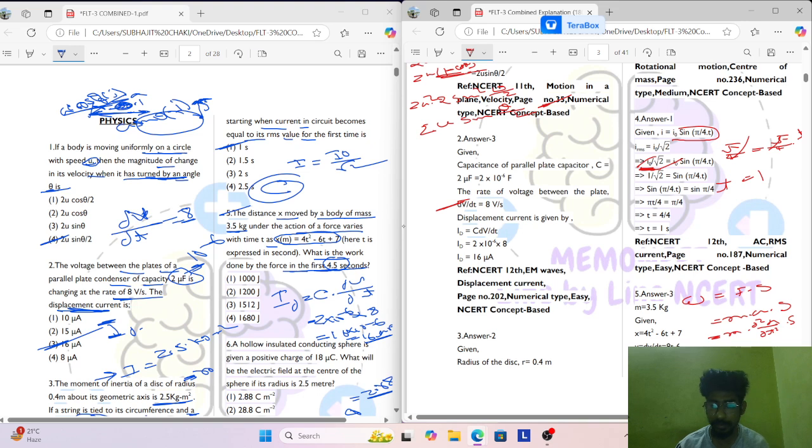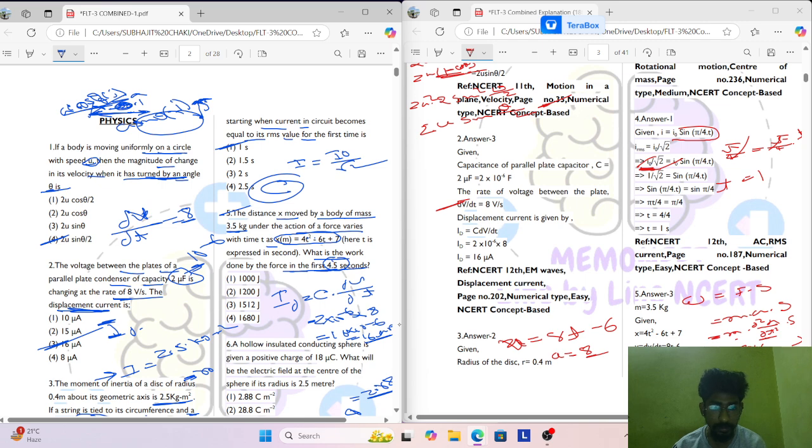Two times differentiation of x. That means differentiation of x, what will you get? First differentiation you will get 8t minus 6. This is v. Second differentiation you will get 8 only. So the value of A is equal to 8. Mass is 3.5. 3.5 into 8 equals 28. And what will be the value of S? Just put the value of t in this equation.